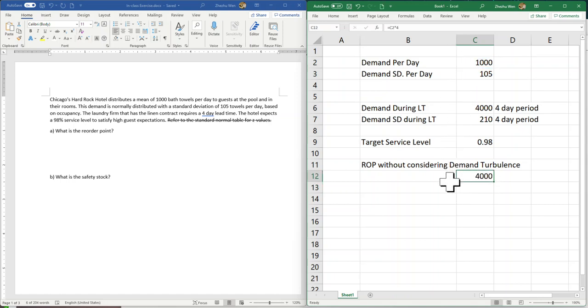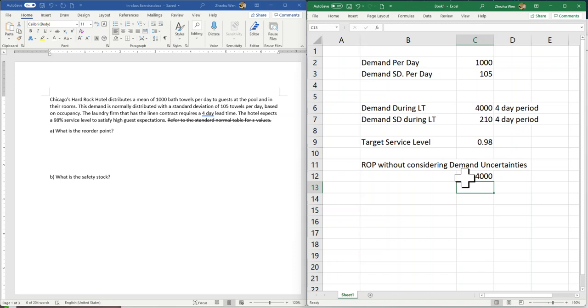But if you do consider the demand uncertainty, and I try to be consistent with the terms from a lot of books that talk about inventory, that uncertainty is being absorbed using your safety stock.